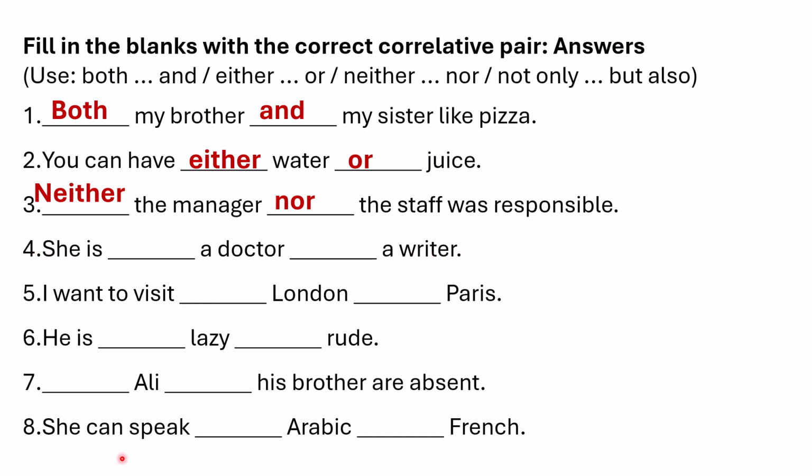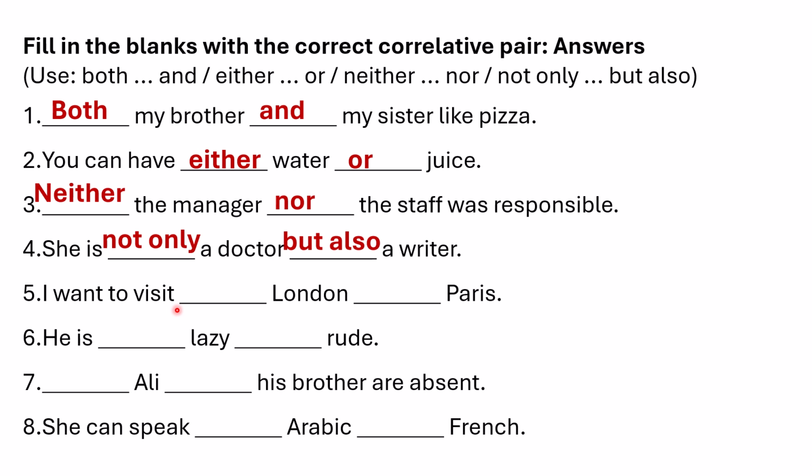So what we can write? The two qualities are given. So whenever there are two qualities, she is a doctor, also a writer. So what we use? It is giving the characteristics. So not only but also. Look at here. She is not only a good doctor but also a writer.